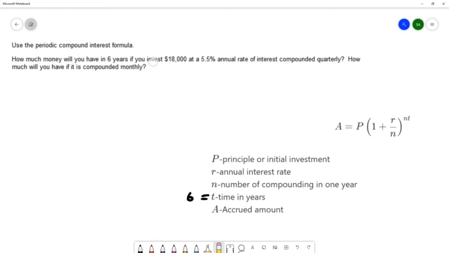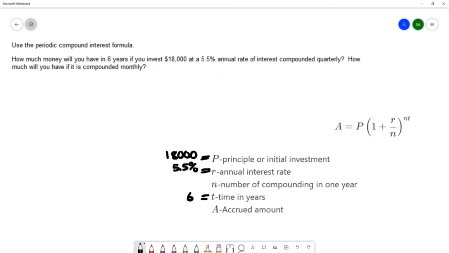If you invest $18,000, $18,000 is our initial investment, which is our principal. We're going to invest that $18,000 at a 5.5% annual rate of interest. So this is our rate, our interest rate, 5.5%.